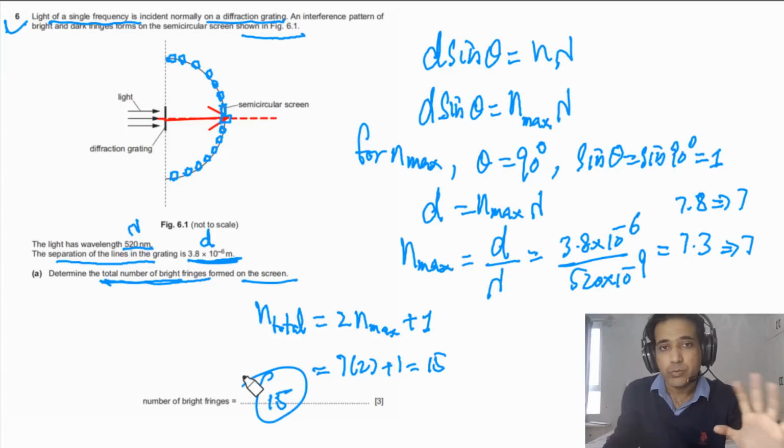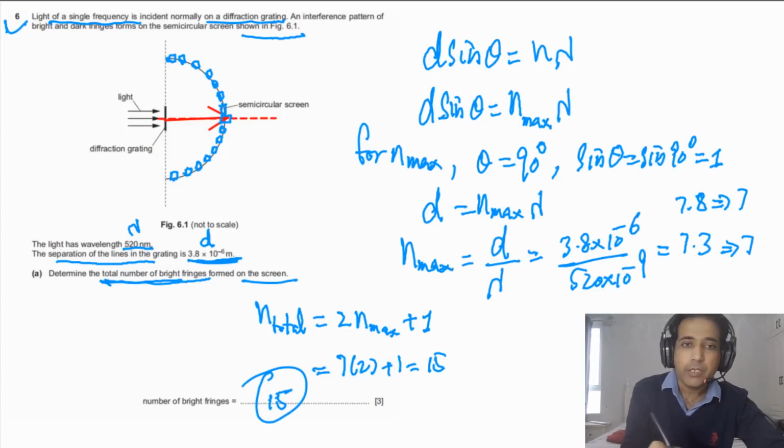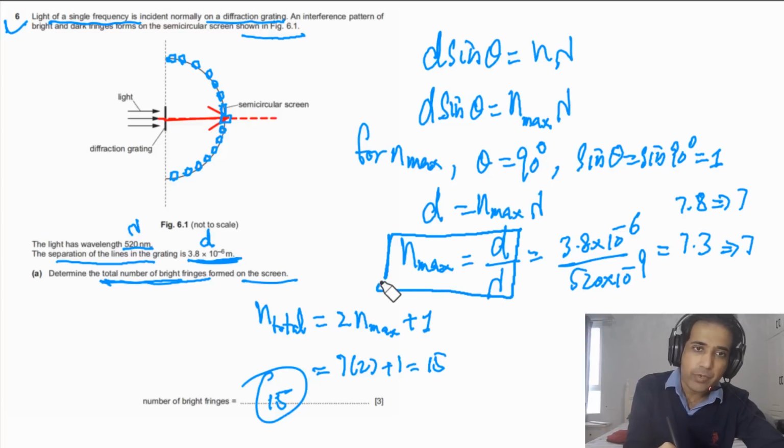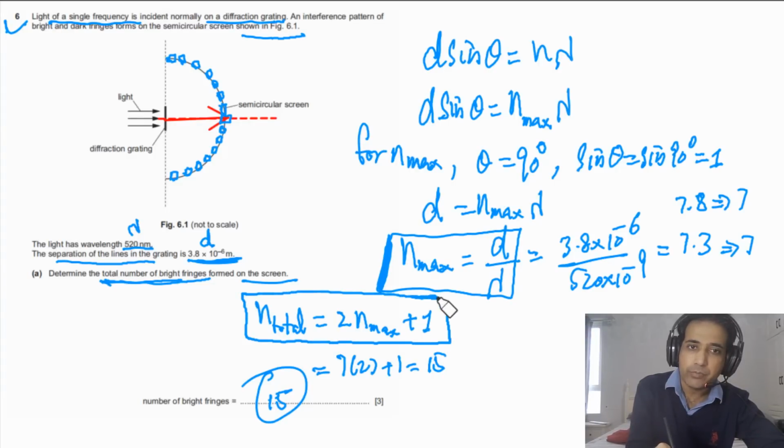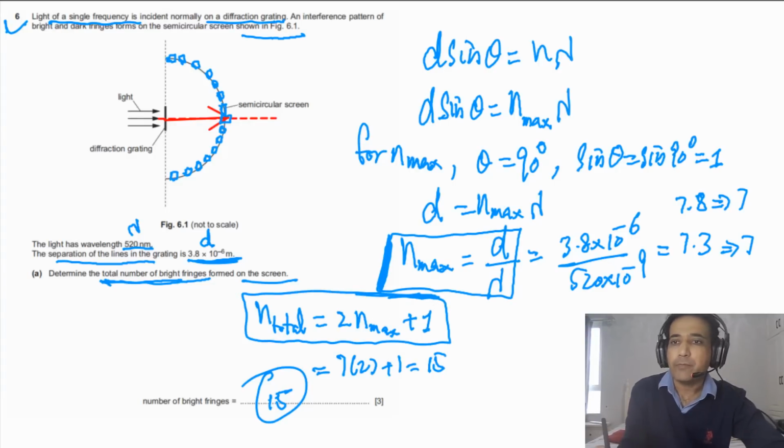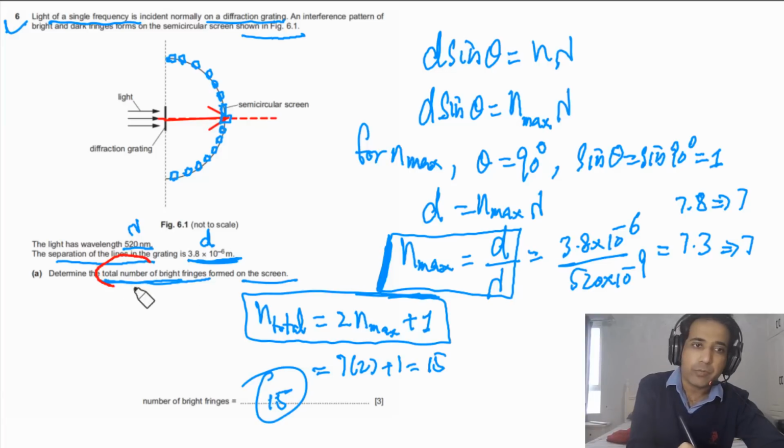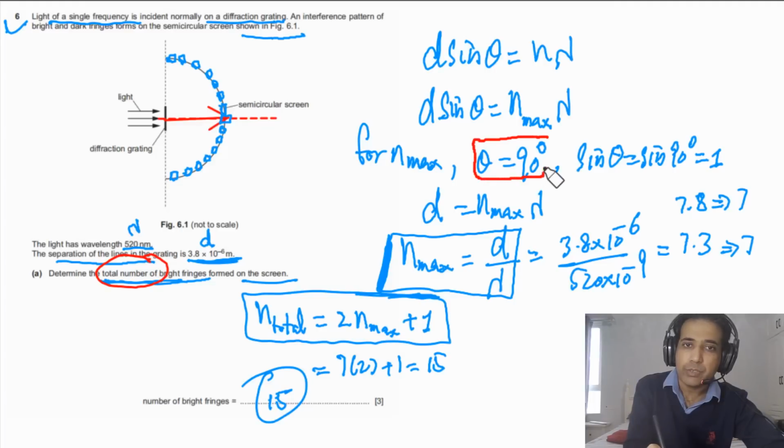A typical question you will see in many past papers. This is when you need to calculate the total number of bright fringes. You can find the maximum value of n, then use this formula and find the number of bright fringes. For the maximum number, you need to understand that theta should be 90 degrees, so sine of theta should be equal to 1.